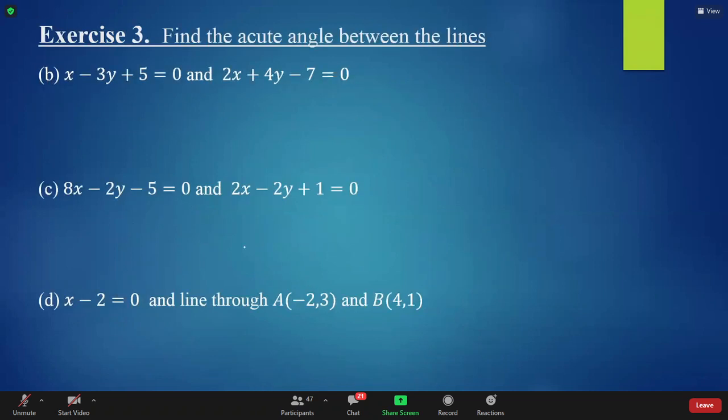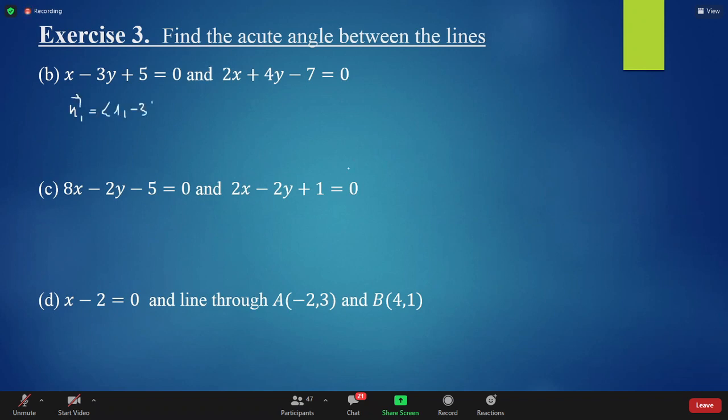Acute angle between the lines. All right. So BCD, do I have more? Hopefully not. 3. So acute angle between the lines. In this case, we have the two normal vectors, and that's what we probably should use. The normal vector for the first line is (1, -3).